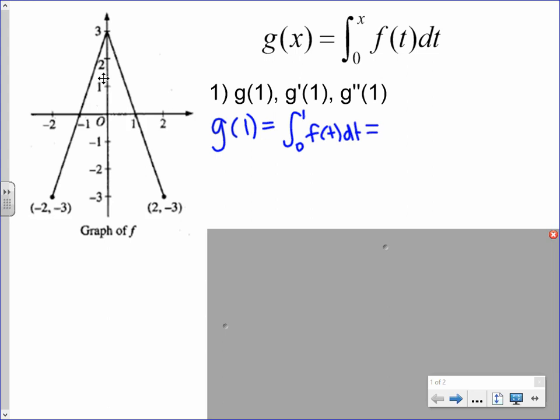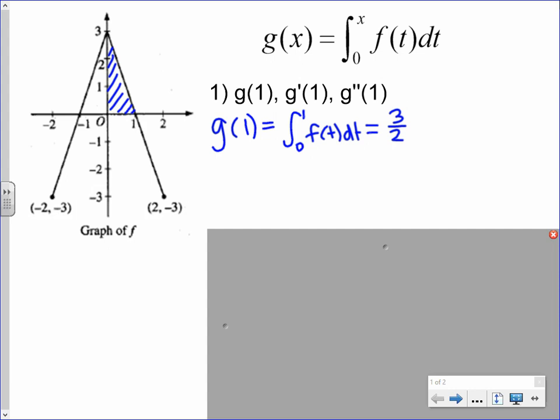Okay, so that's asking us for the area under the curve from 0 to 1. What is it? Okay, we have a 3 by 1 triangle, right? From 0 to 1, we have this area right here.